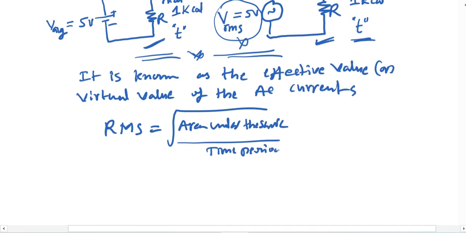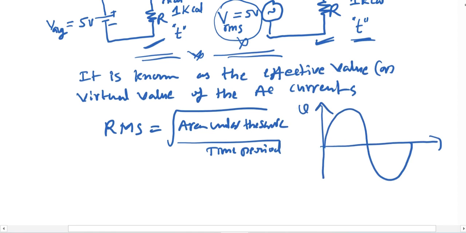If you take a very simple sinusoidal voltage signal here, with pi and 2 pi marked, I will take only the half wave and find the RMS, because it is a symmetrical waveform. I am only going to take the half waveform here.